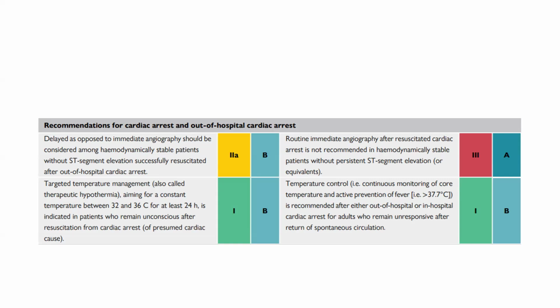However, this is the ESC recommendation, but if you look at the ACLS recommendation from the AHA, the temperature of 32 to 36 post cardiac arrest in patients who are unresponsive and not obeying command is still maintained. But here they specified that it shouldn't be greater than 37.7.